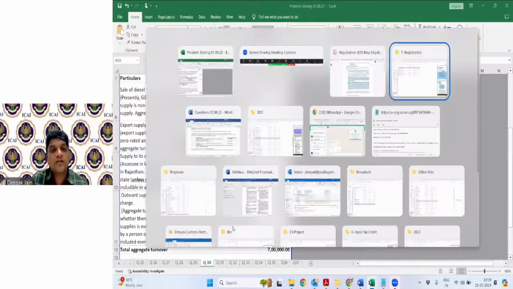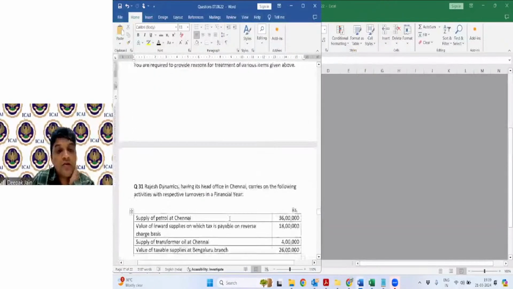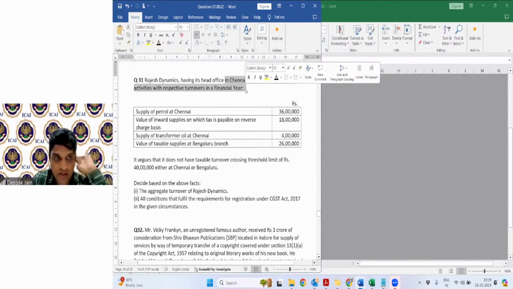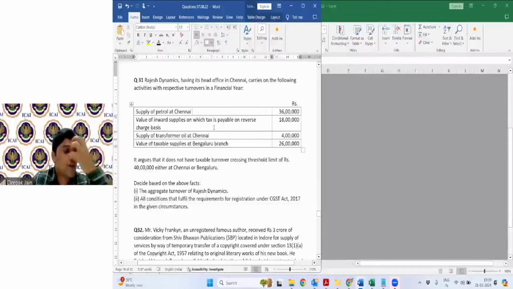Okay, let's go to the next question now. Question number 31. Rajesh Dynamics, having its head office in Chennai, carries on the following activities with respective turnovers in a financial year. Supply of petrol at Chennai, 36 lakhs. Value of inward supplies on which tax is payable under reverse charge, 18 lakhs.